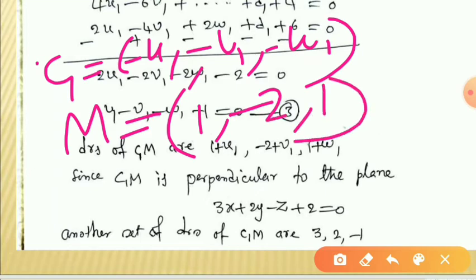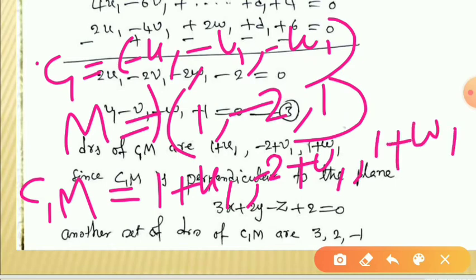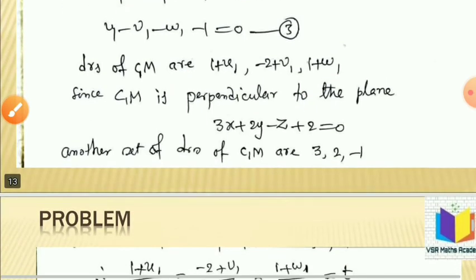Therefore DRs of C1M are x2 minus x1, y2 minus y1, z2 minus z1. Therefore 1 minus of minus u1, that is 1 plus u1, minus 2 plus v1, and 1 plus w1. These are DRs of C1M.